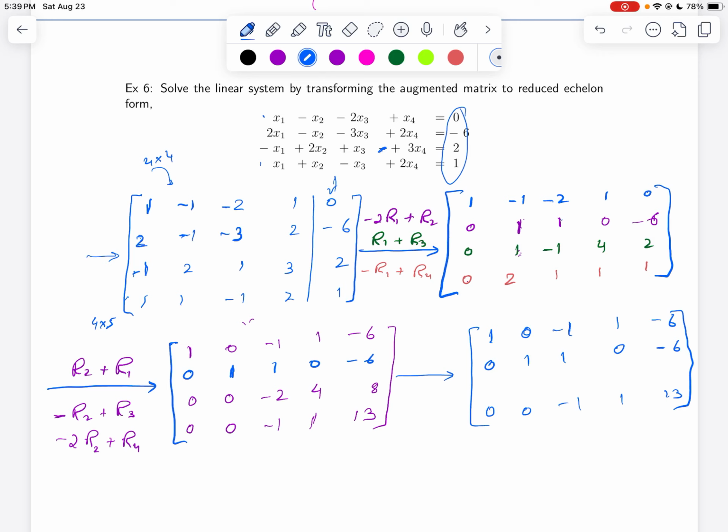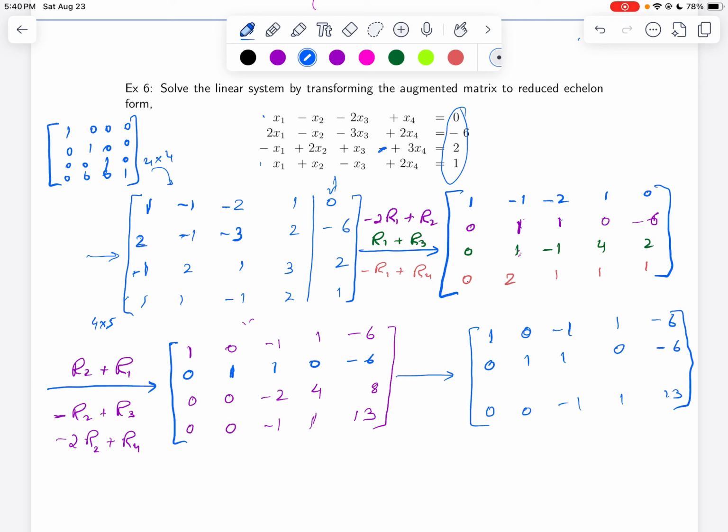When reduced to reduced echelon form, it will look like 1 0 0 0, 0 1 0 0, 0 0 1 0, and 0 0 0 1.